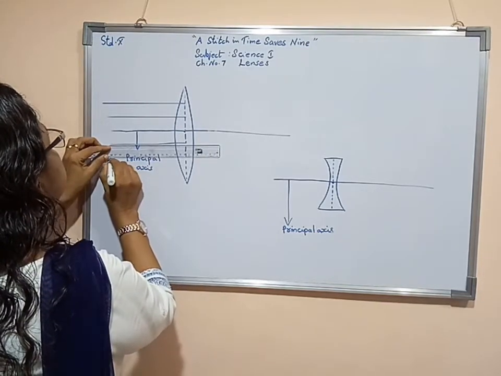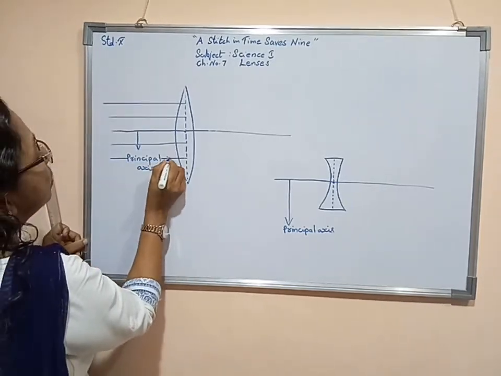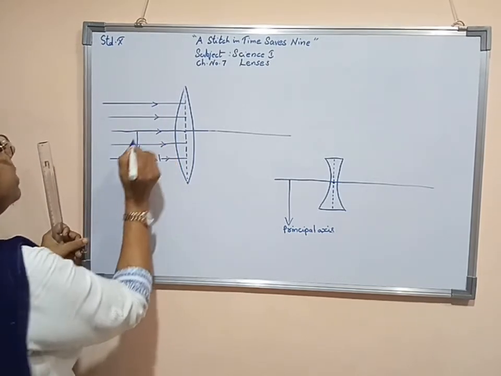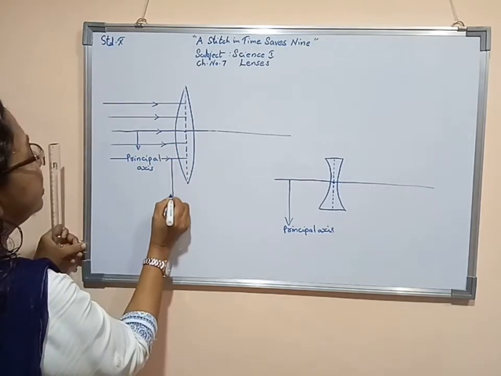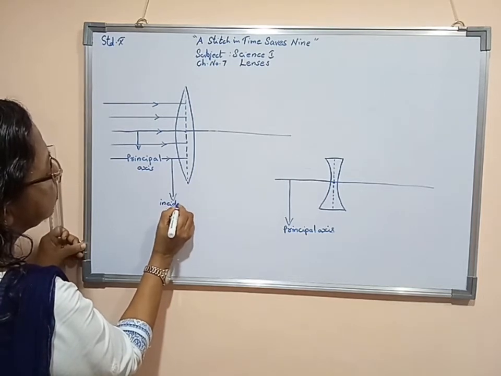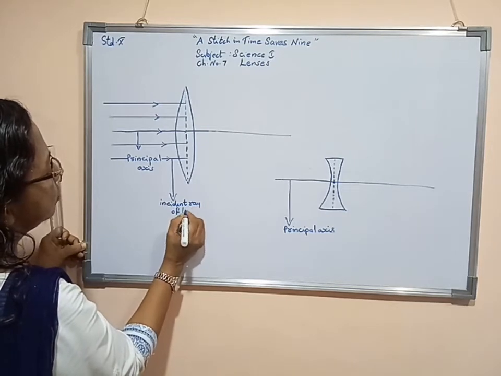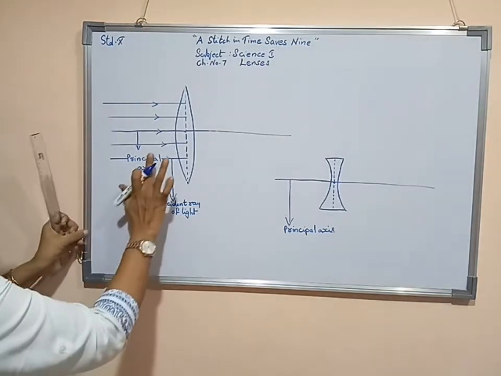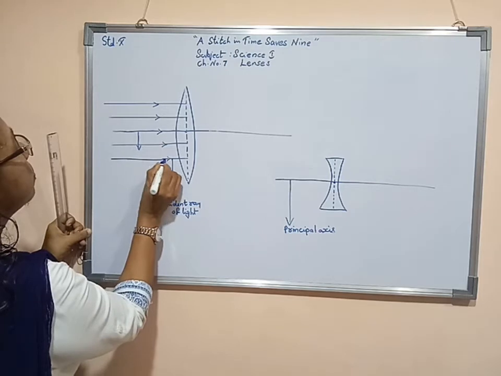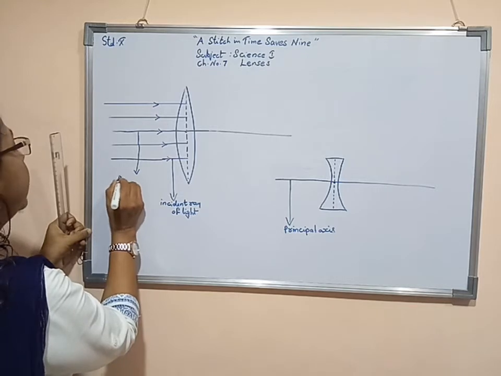The rays which are going towards the lens, these rays we can call incident rays of light. So the rays, this thing I am removing here, I am drawing straight here. Now the central line we can call the principal axis.